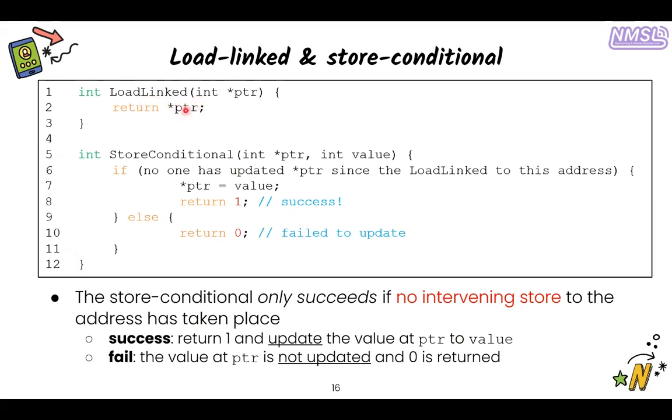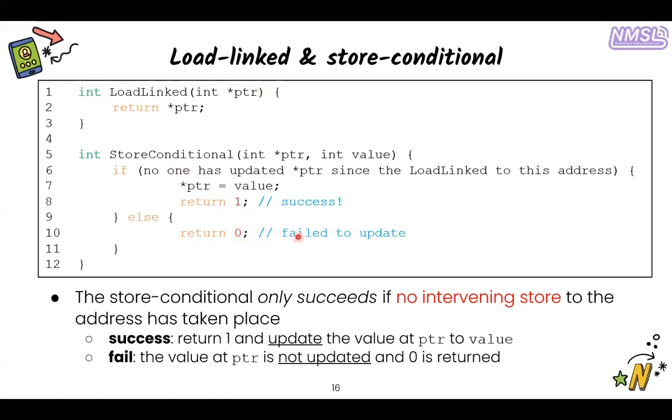So load linked, basically you return the value at the pointer, but now the interesting part is store conditional. So here, you have a pointer and a value. Now, if no one has updated the pointer since the load linked to this address, then the value goes into the pointer, and this is a success.